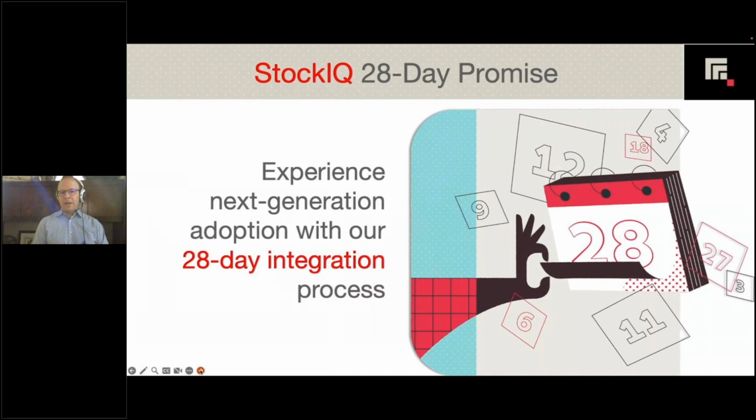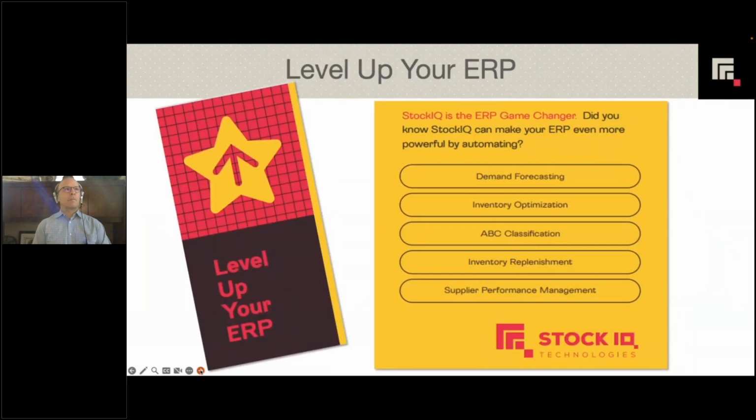We offer a 28-day promise for an installation of StockIQ. And this is from the time that we get data in from Business Central, engaging with the users, we'll configure the application, go through testing and validation, and move into production. We focus very heavily on this 28 days from the standpoint that we oftentimes find this is the most successful for projects when people can move through expediently and get to see and begin using the overall application.